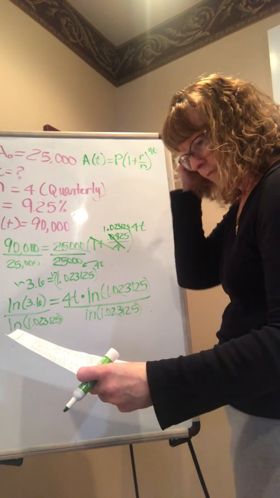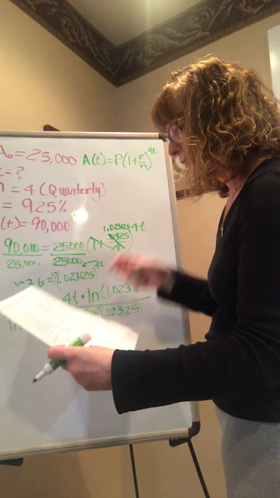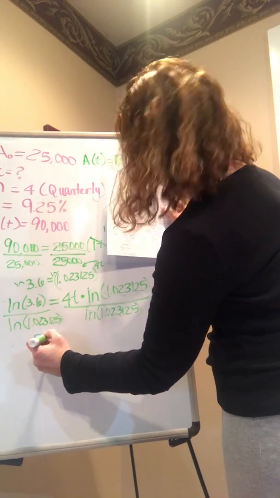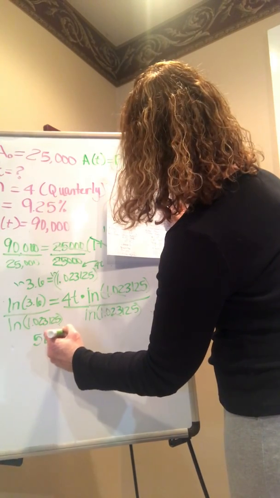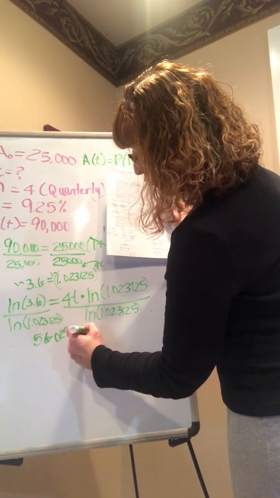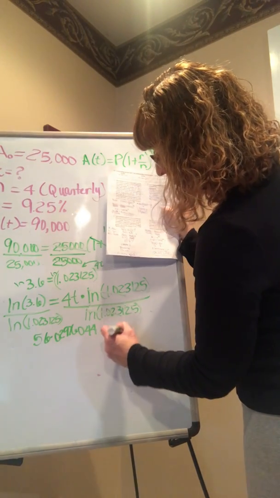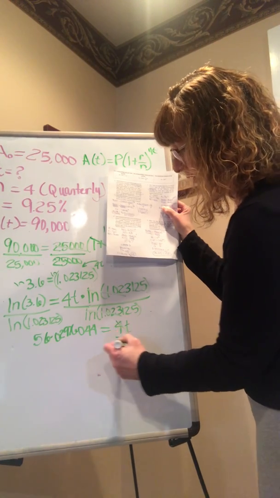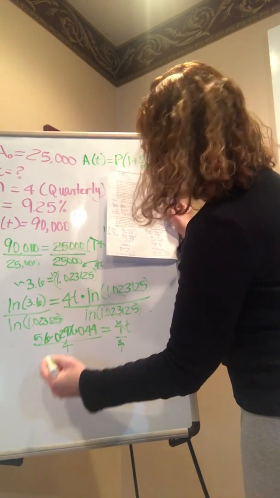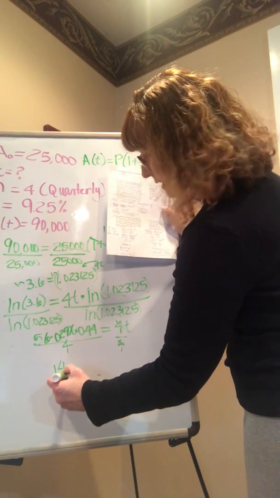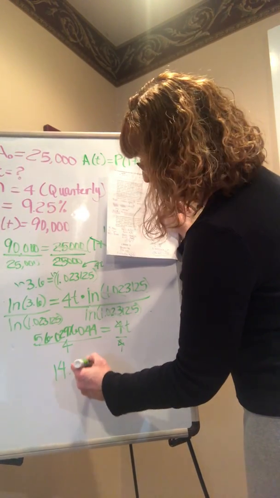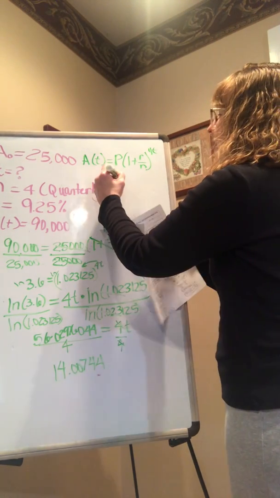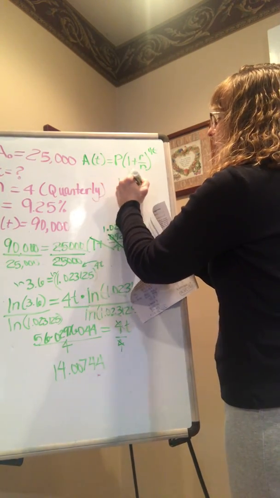And that is going to give me 56.02976044 is equal to 4t. Now I want time, so I'm going to divide by 4. And this gives me 14.00744 years. So overall, my answer is 14 years.